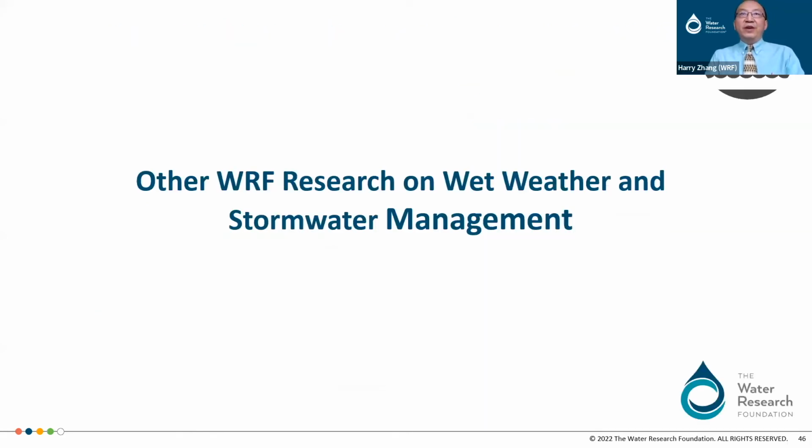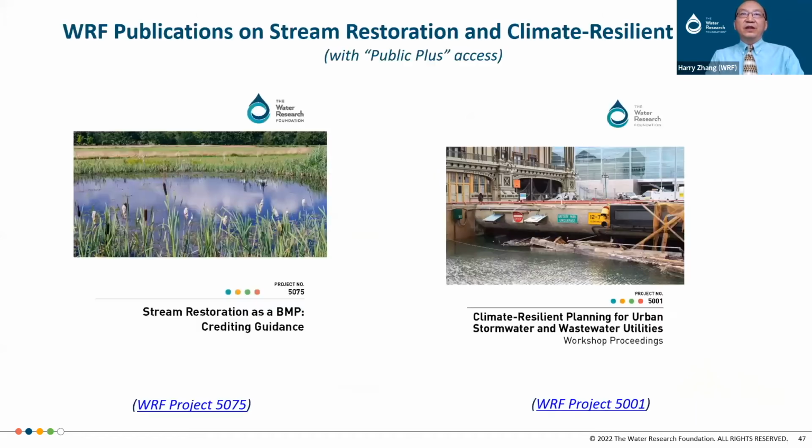With the time remaining, I just want to quickly show some other research here. Essentially I'm giving you these as references, and of course I can come back to them during the discussion. These are two reports. The first one is on a BMP type people are interested in, stream restoration.